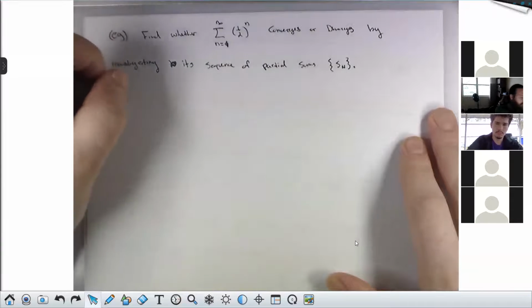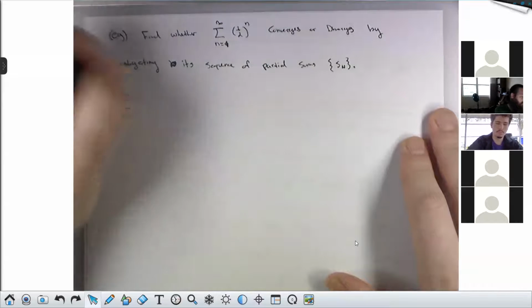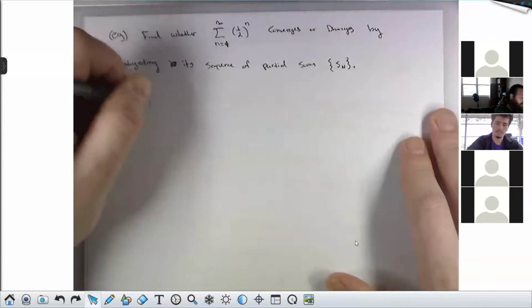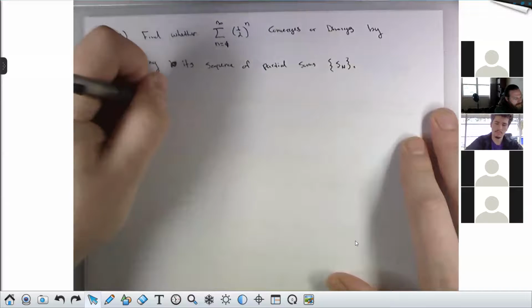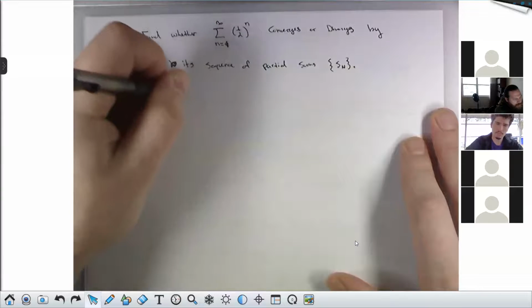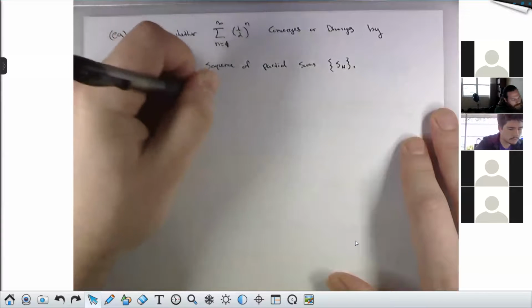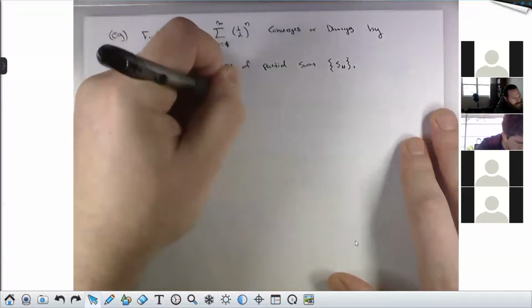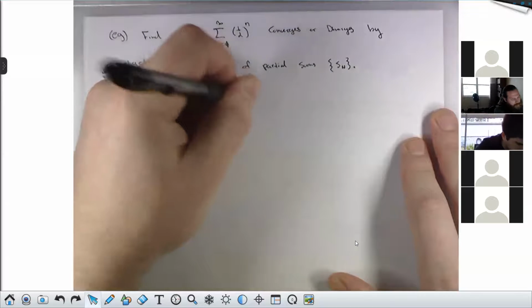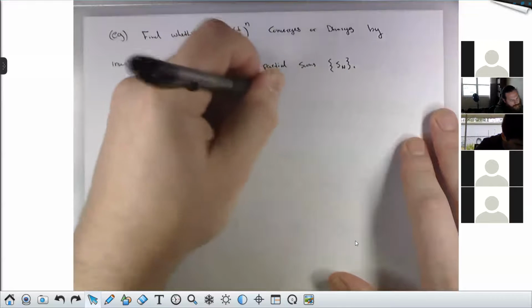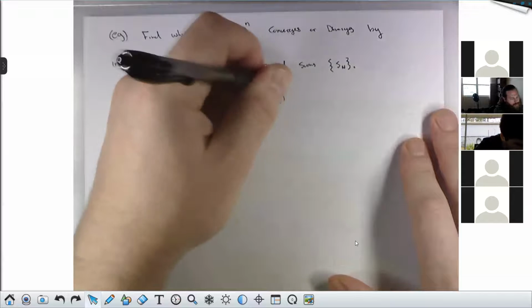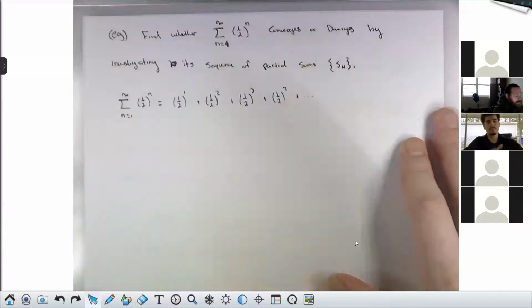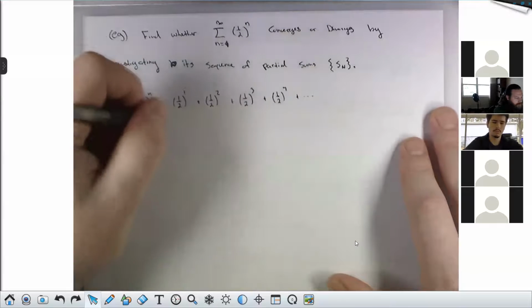First, the full series, just to make sure we know what we're talking about, the sum from n equals 1 to infinity of 1/2 to the n is 1/2 to the 1 plus 1/2 squared plus 1/2 cubed plus 1/2 to the 4, and so on and on and on forever.